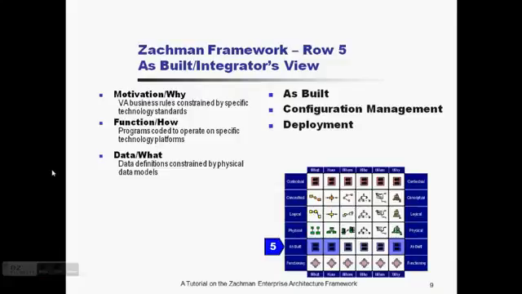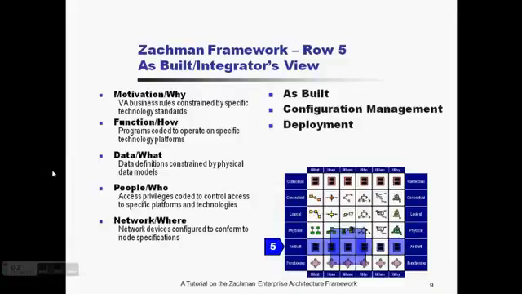The people in this row are mostly about access privileges coded to control access on a specific platform and technology. And the network is actually the devices configured to conform to the node specifications designed in row 4, based on the solution in row 4, and row 4 based on the architecture in row 3.